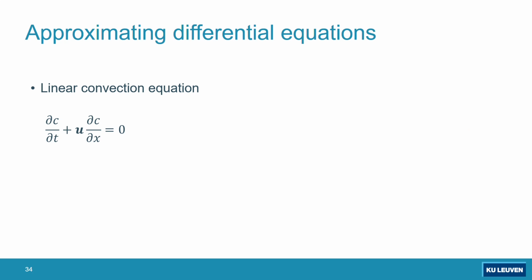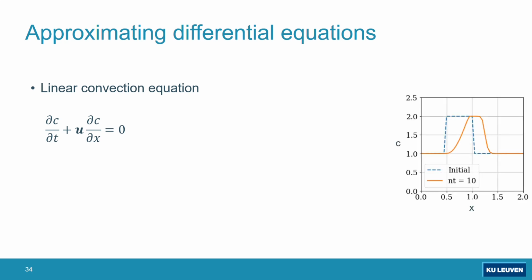So the solution will be something like this. If this blue line is the initial state, after a while, in this case after 10 time steps, I will describe the concept of time steps later, it will come here because it's pushed towards the right. And in 2D, the equation will be like this, and this is the kind of output for that.